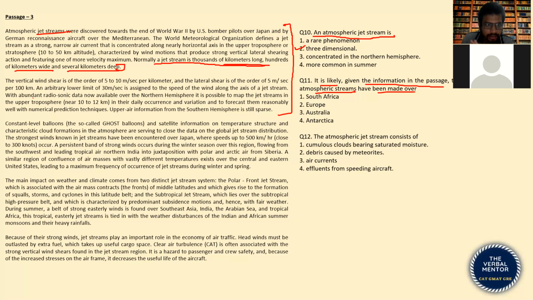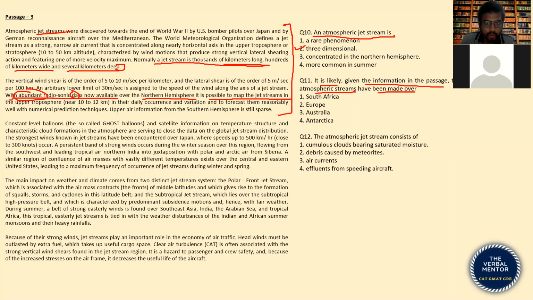It was written here, with abundant radiosonde data now available over the northern hemisphere, it is possible to map them and to forecast them. So abundant data is available over the northern hemisphere.